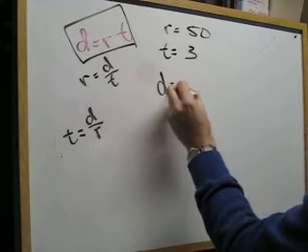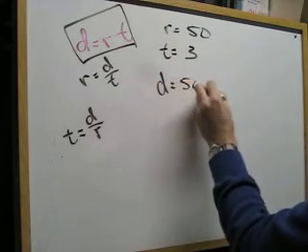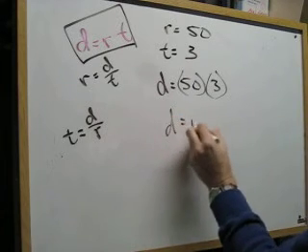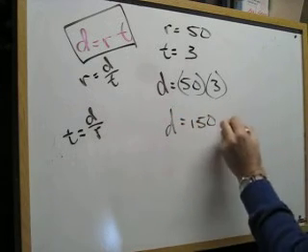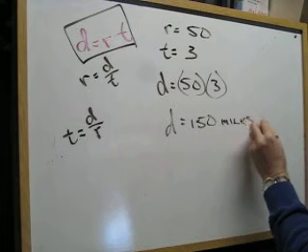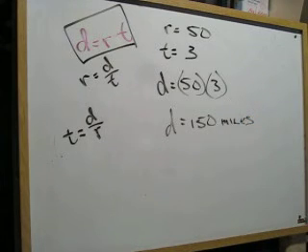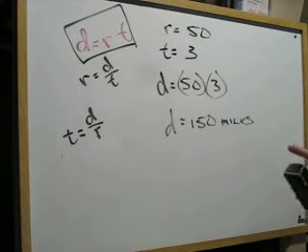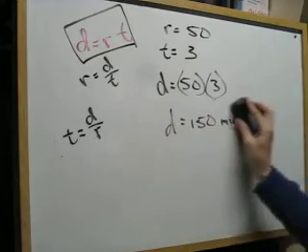So distance equals our R times our time. So the distance was 150 miles. Don't forget to put your units of measure on there so that you can let people know how far people are, what kind of unit, instead of feet or kilometers or something like that.